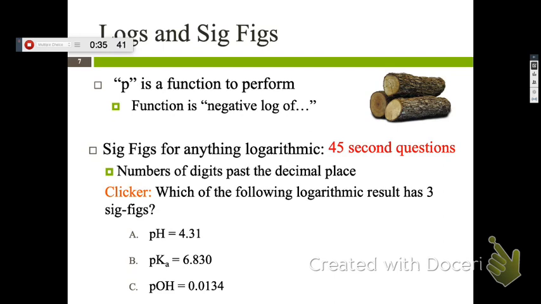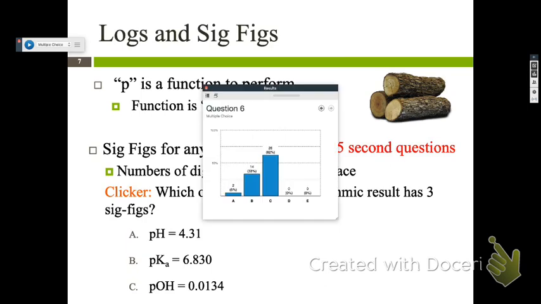Okay, almost everyone's clicking. Check with your neighbors, see if you agree with other groups around you. Real quick, check. And closing out.